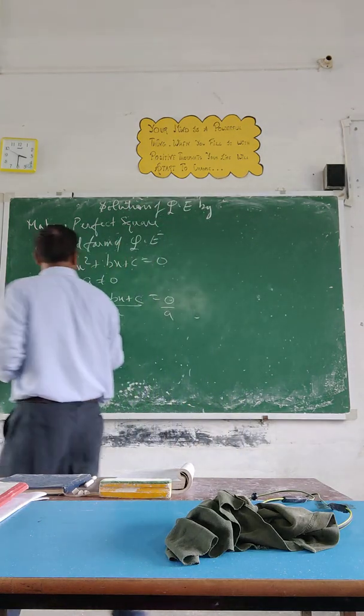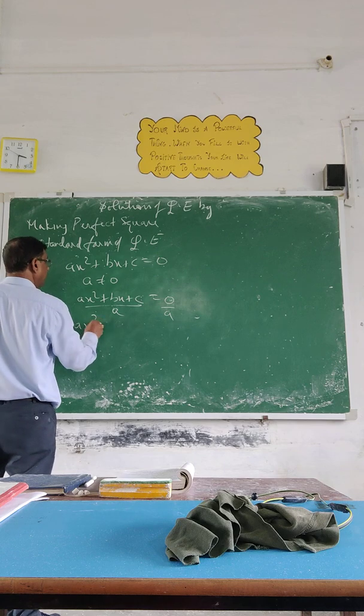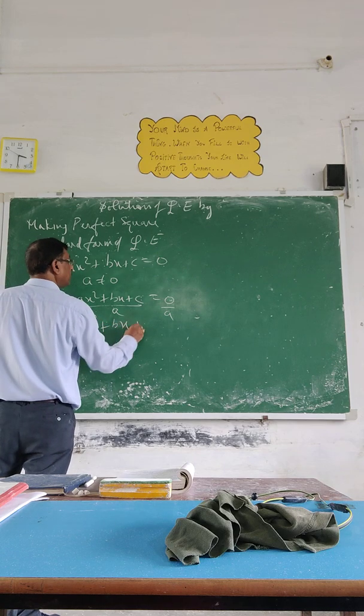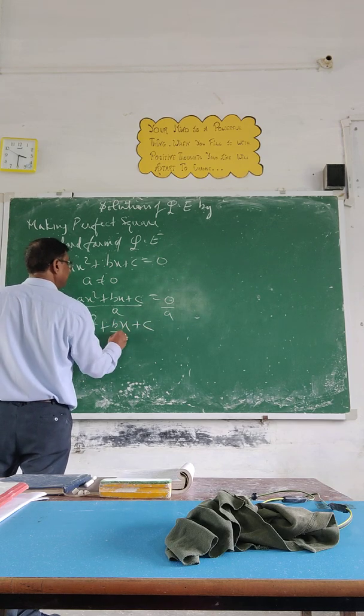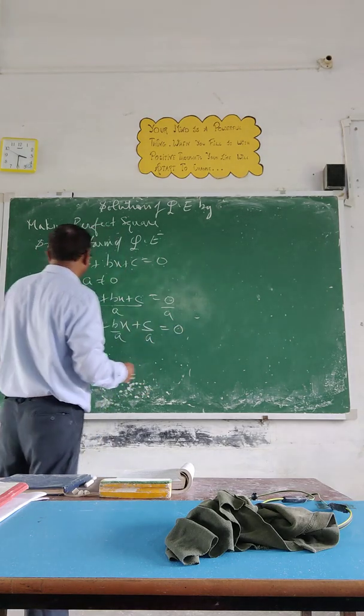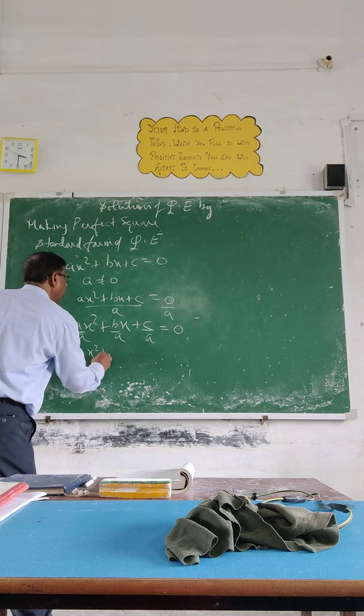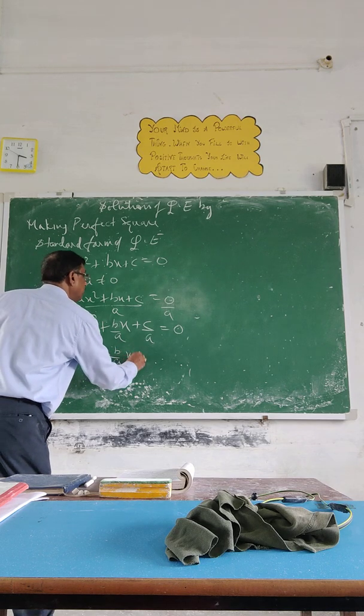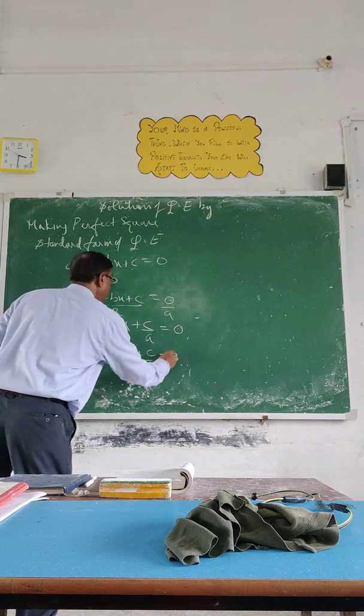So what do you get? ax square plus bx plus c, and 0 divided by a means 0. So you get x square plus b upon a x plus c upon a equal to 0.